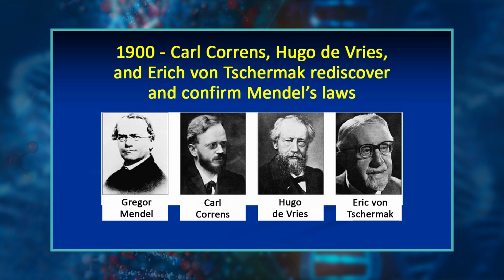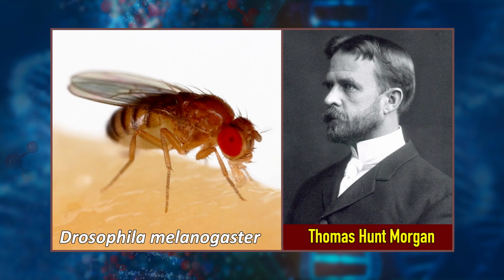de Vries, Karl Correns, and Erich von Tschermak. This marked the basic principles of Mendelian genetics, and they had been applied to a wide variety of organisms. Most notably among them is the fruit fly, Drosophila melanogaster.